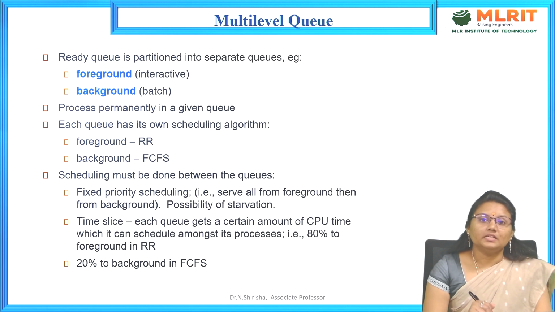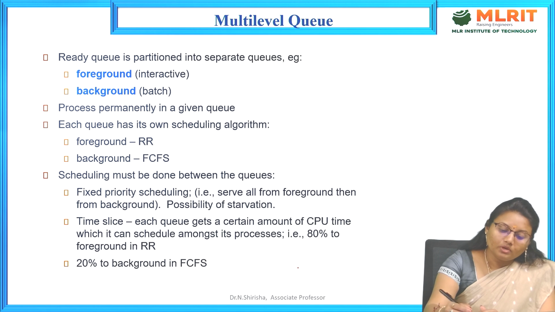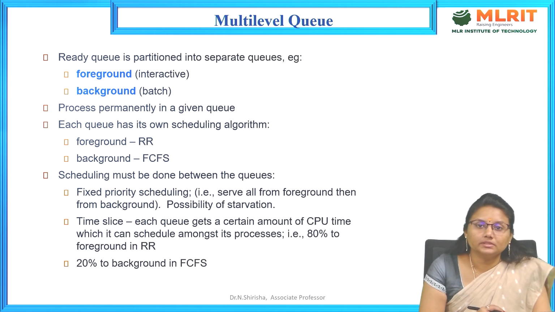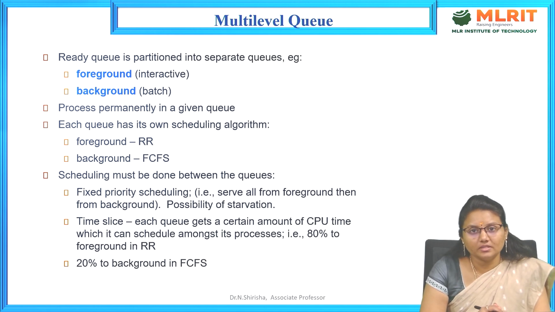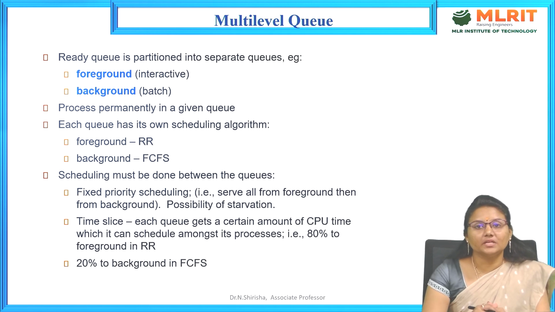So what is multi-level queue scheduling? When you are executing a few processes, there are some processes which run in the foreground and some processes which will run in the background. To manage all these processes, we introduce multi-level queuing scheduling, where we have multiple ready queues.